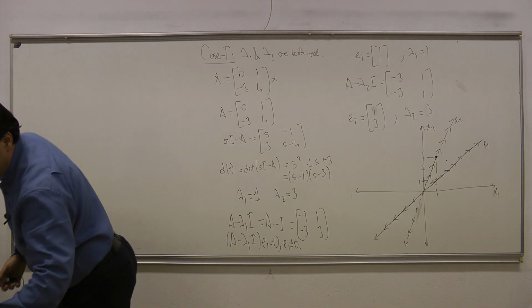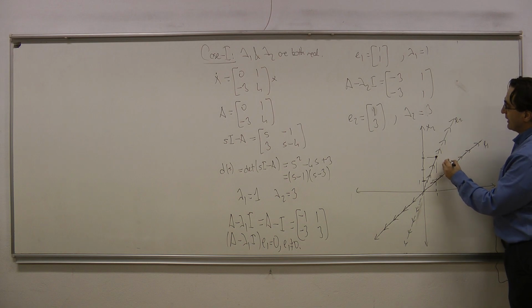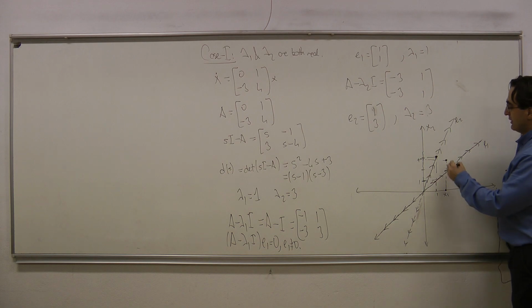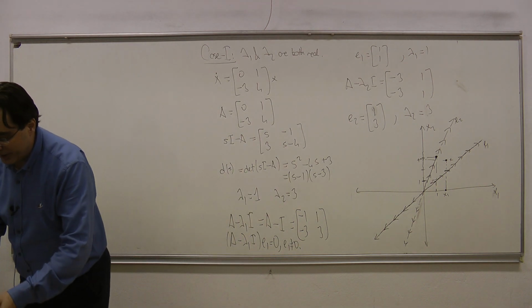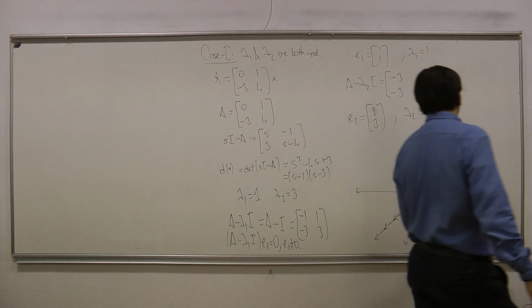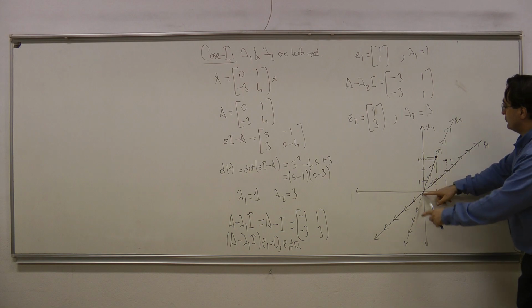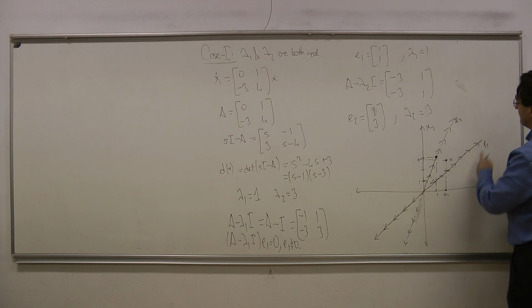So here is what I'm going to do. Originally, if my state is here, I would investigate this by the x1 component and the x2 component given here. Okay? So this is my x1 and this is my x2 component. And this is my state x. Now, in order to investigate the behavior of the state somewhere here, I am going to change my state coordinates from these lines, x1 and x2, to these lines, which would correspond to the eigenvectors.